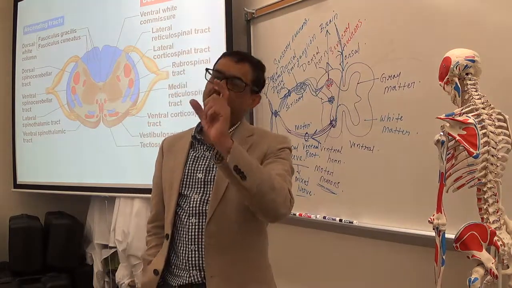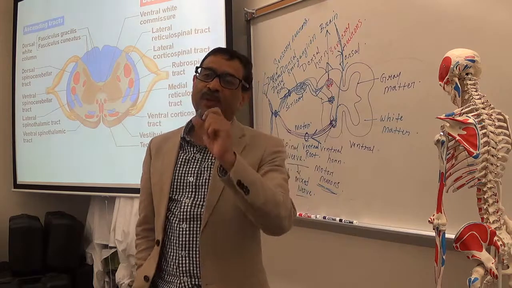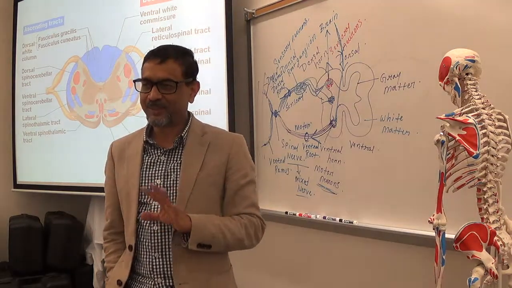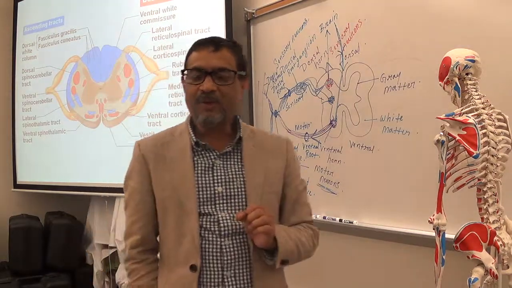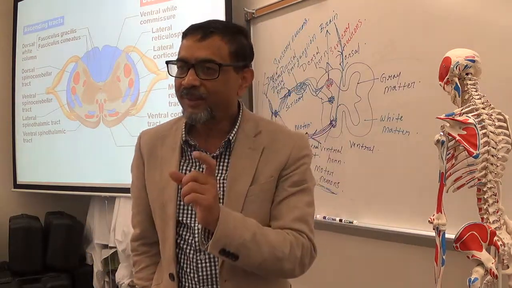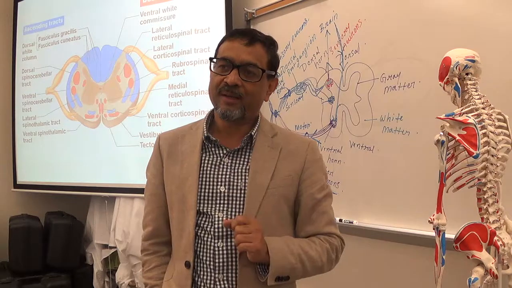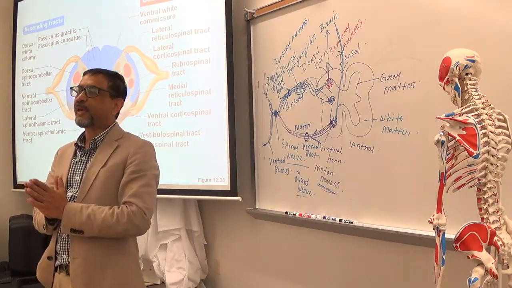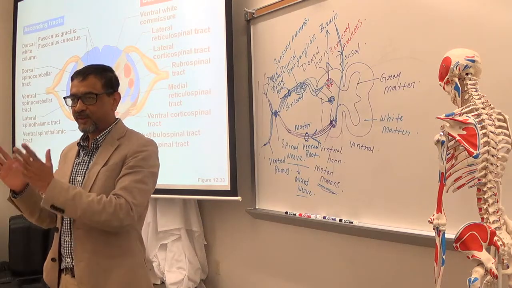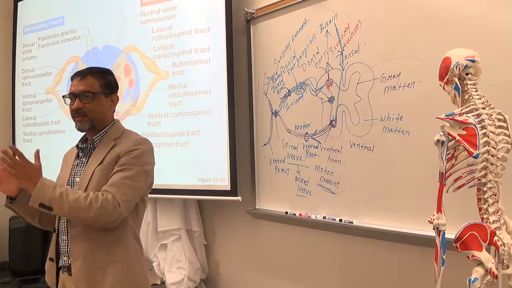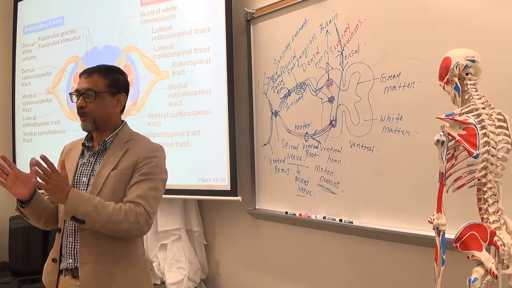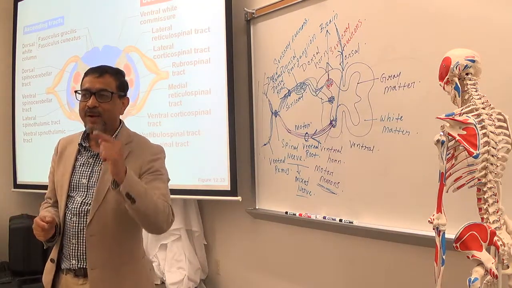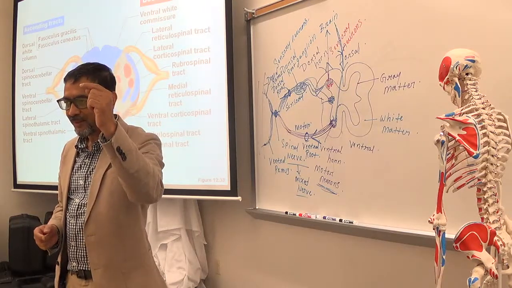And motor tracts end with spinal. Okay, so this is a trick. So motor tracts end with what? The word spinal. So if I ask you corticospinal tract, is it sensory or motor? Motor, because ending with spinal. If I ask you spinothalamic, sensory.